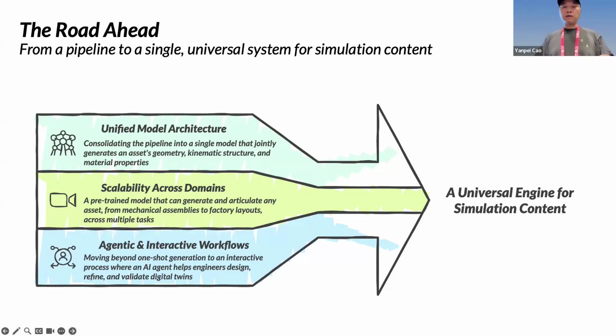We should build interactive and collaborative systems where a stateful AI assistant can work with the artist or engineer. This will allow experts to use their knowledge to guide, refine, and validate the assets or the 3D models that are being created or processed.